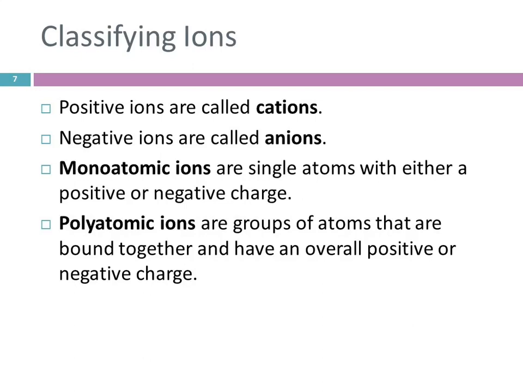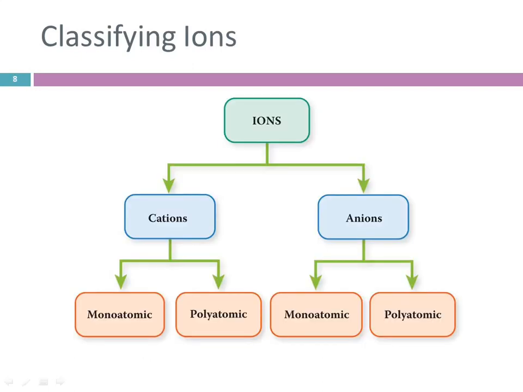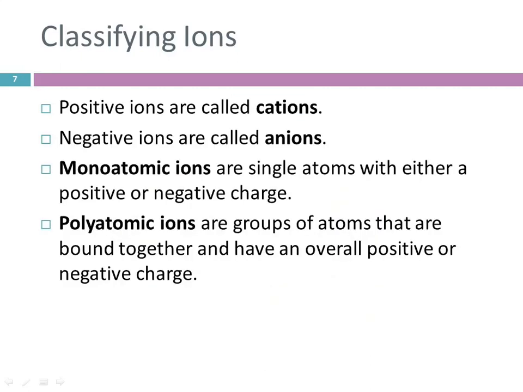That might work. Cation has a T in it for positive. I like that. So Ca plus ION. That works. Negative ions are anions. Anion does have an extra N in it, which may help you.